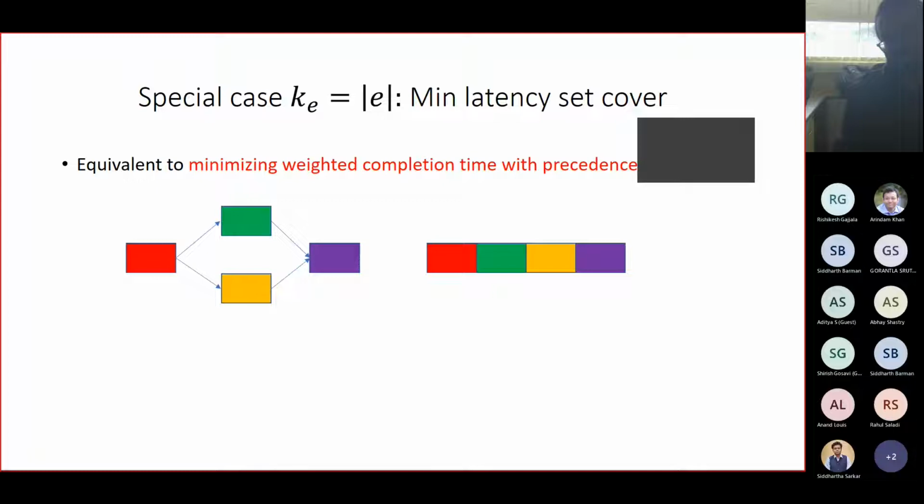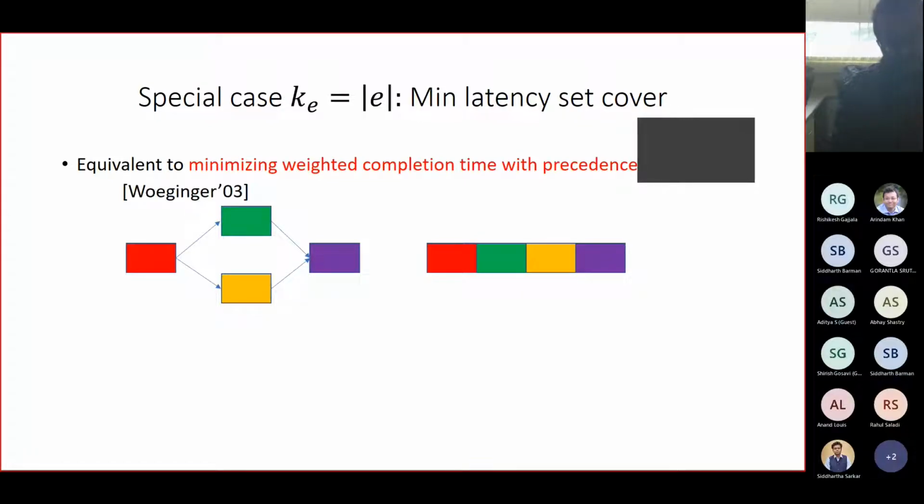Here you have a bunch of jobs, and then you have a DAG which specifies constraints about which job requires some other job to be done. And then, subject to these constraints, your goal is to minimize the weighted completion time. So every job has a weight, and you look at when it finishes, multiply by the weights and add it up. That is the standard notion of weighted completion time.